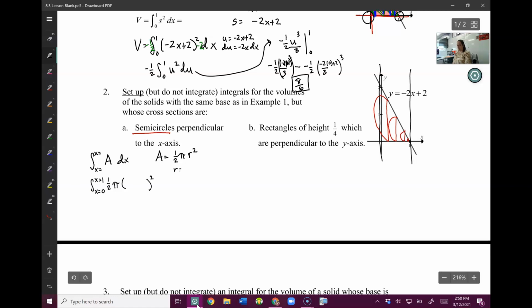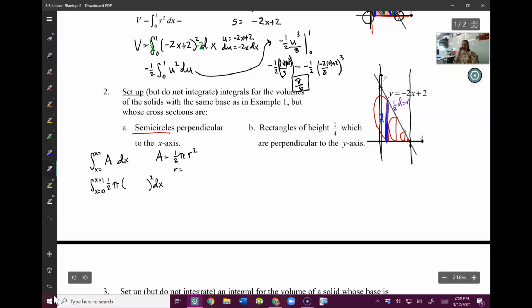So now I just need to figure out what is r. Well, here, let's do this in different colors so we can see this a little better. That right there is the base of my semicircle. But that's not r, that's d. That's a diameter across the entire circle. So if I want to actually find r, it's going to be half of d.